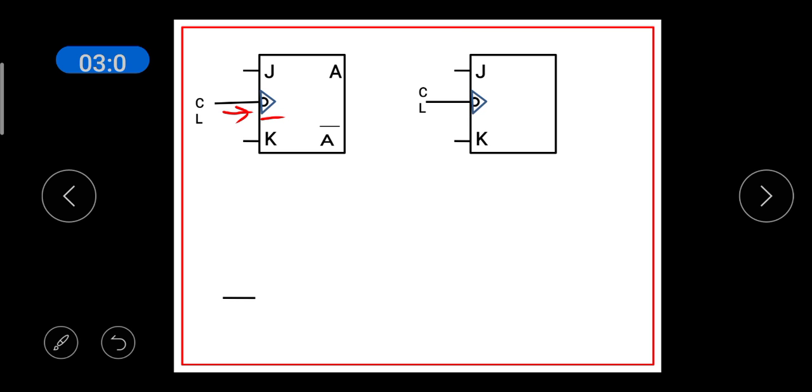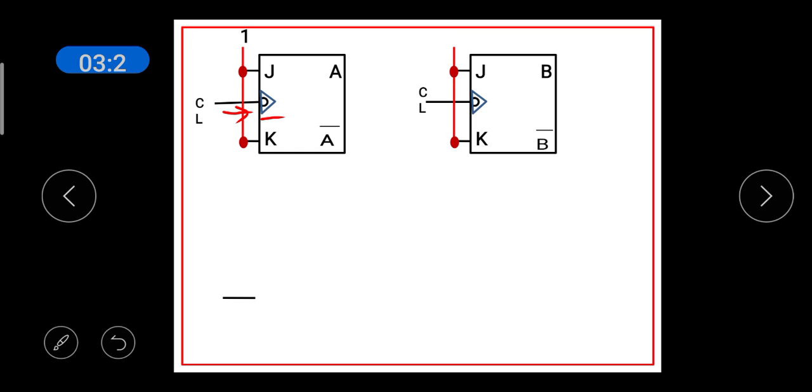The outputs are A and A bar, and you use another flip-flop which has inputs J and K and a clock input. The outputs of this second flip-flop are B and B bar. J and K of the first flip-flop are connected to VCC and so it remains in the one state.